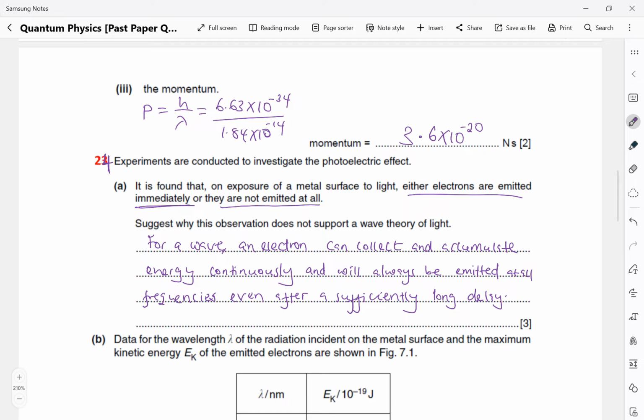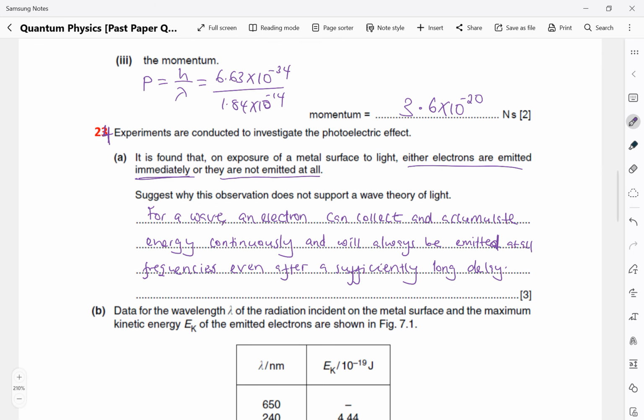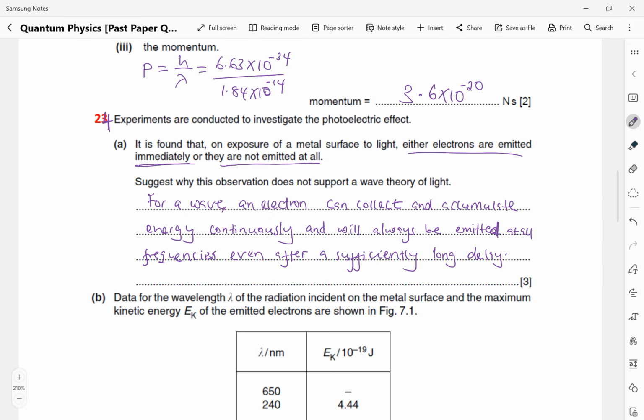According to the wave theory, it predicts that an electron can collect energy continuously until it is enough for it to be emitted, even after a sufficiently long delay. Unfortunately, this does not happen in practice.